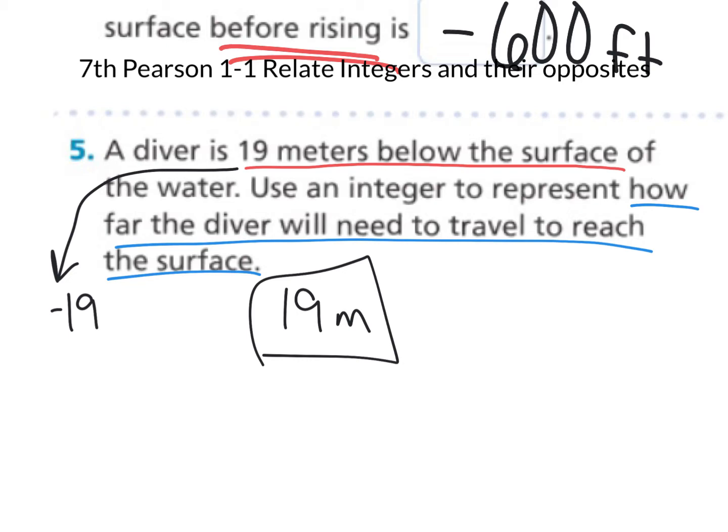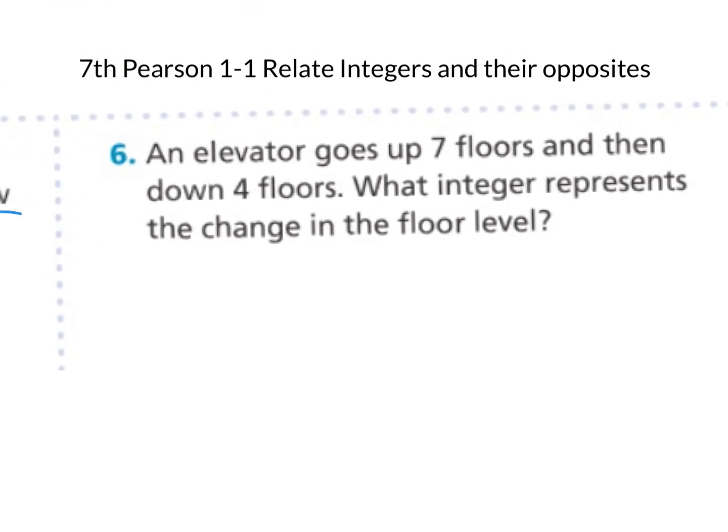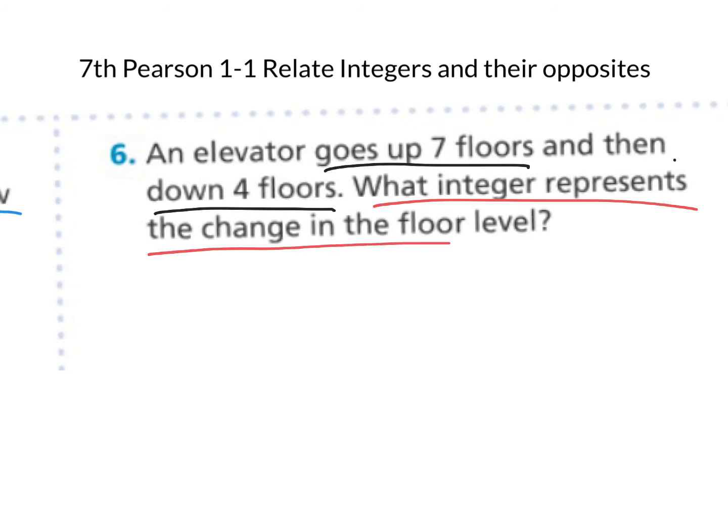Okay, so we go over to number 6. An elevator goes up 7 floors and then down 4 floors. So what integer represents the change in the floor level? When we're doing this, we can think about it this way: if we went further up, that should be a positive change.